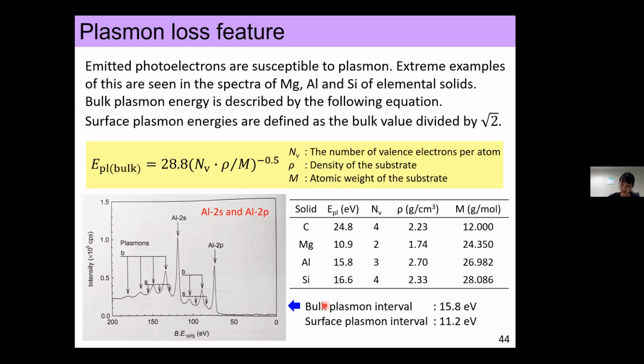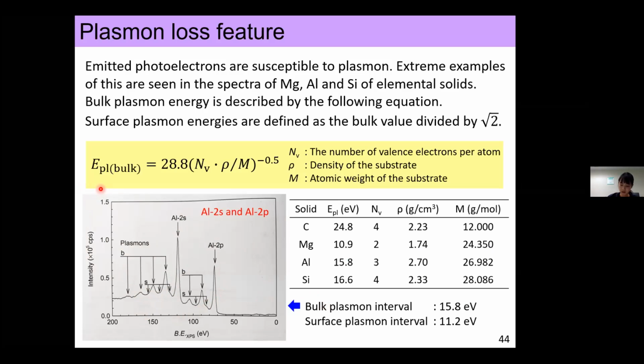The presence of plasmon influences the kinetic energy of photoelectrons. As a result, you will see many peaks due to plasmon like this. So this is the case of aluminum. The interval of these peaks corresponds to the energy of plasmon.